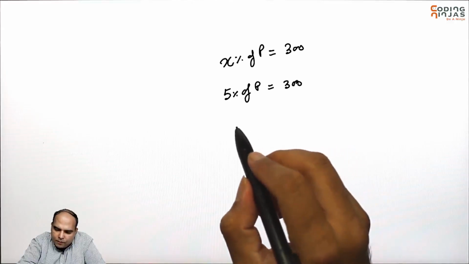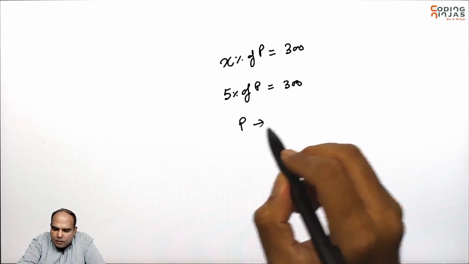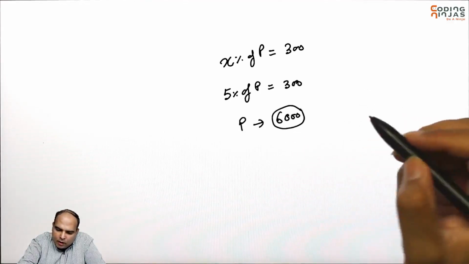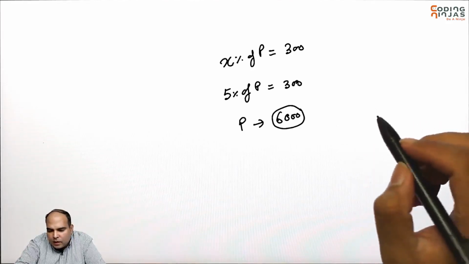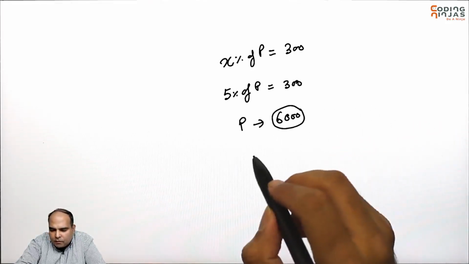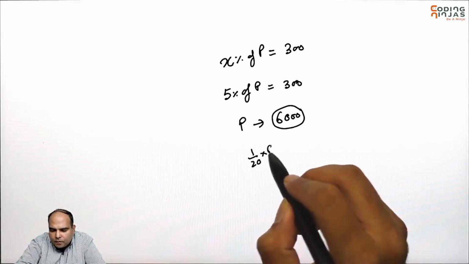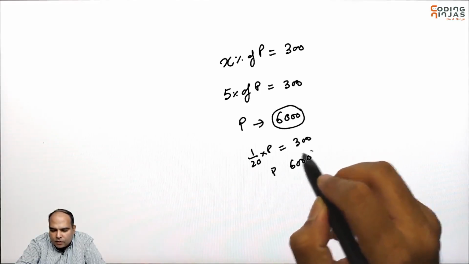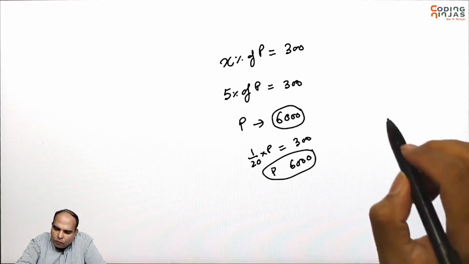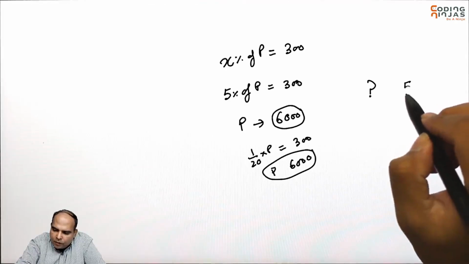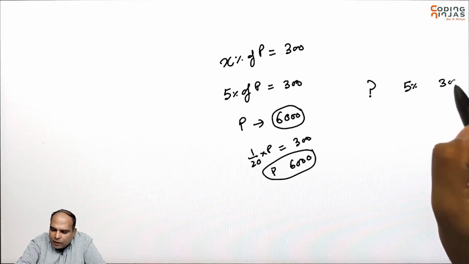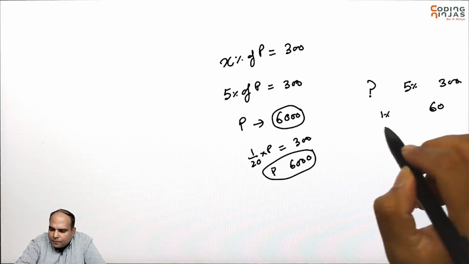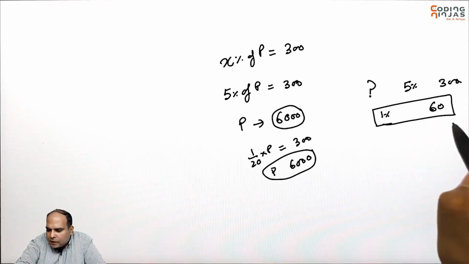So naturally, this means that P must be 6,000, and you can think of that in multiple ways. You can think that 5% of P means 1 by 20 of P. If that is 300, P is 6,000. Or you can think of what value, if you take 5% of that, I should get 300. So you'll realize that if 5% is 300, 1% is 60.